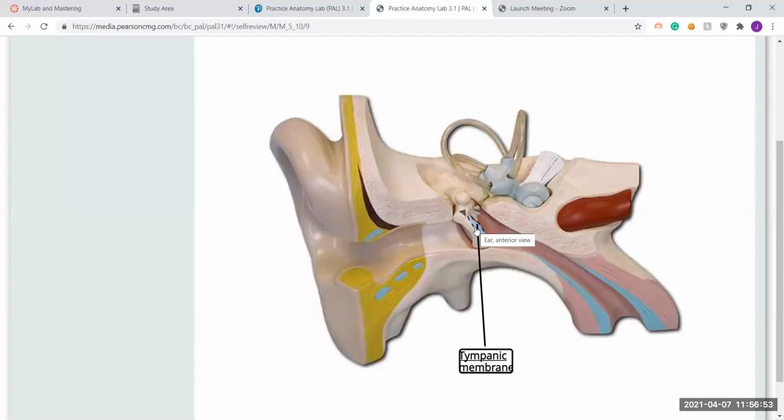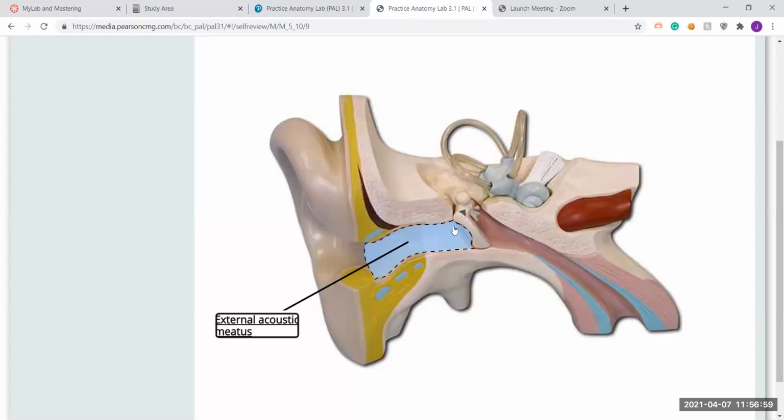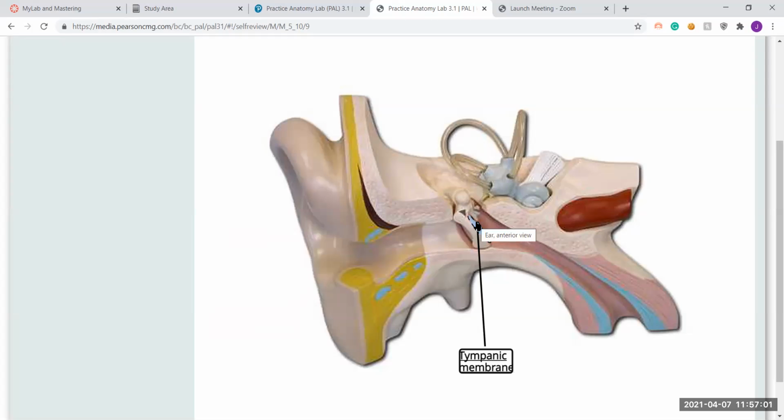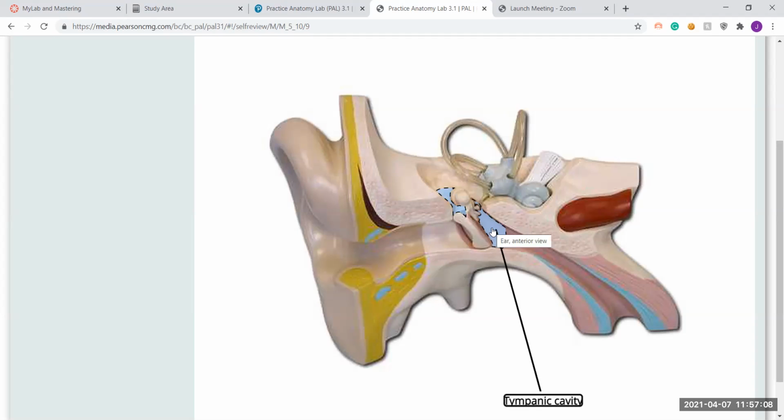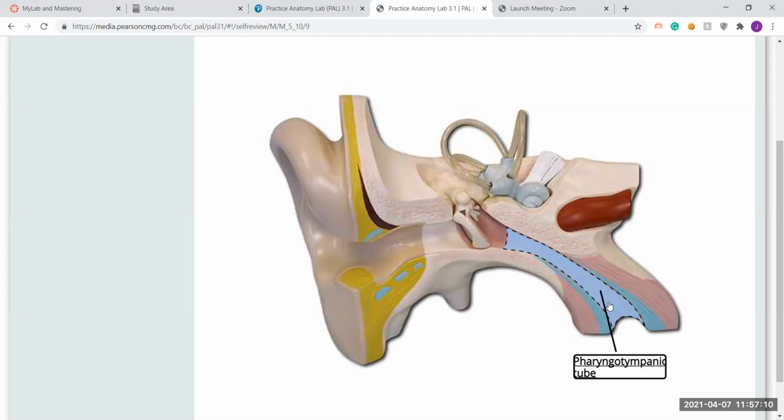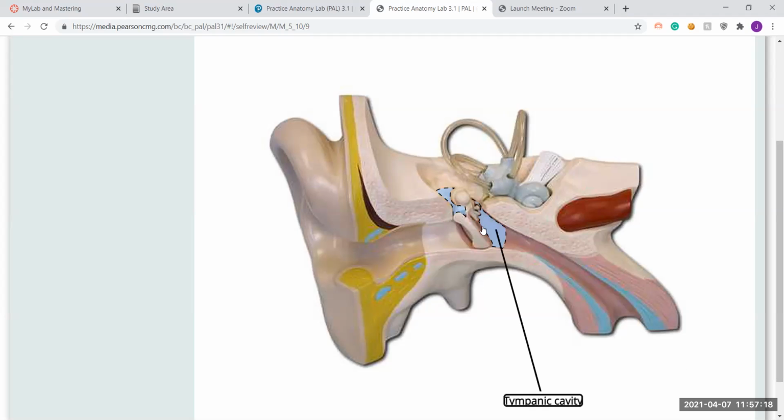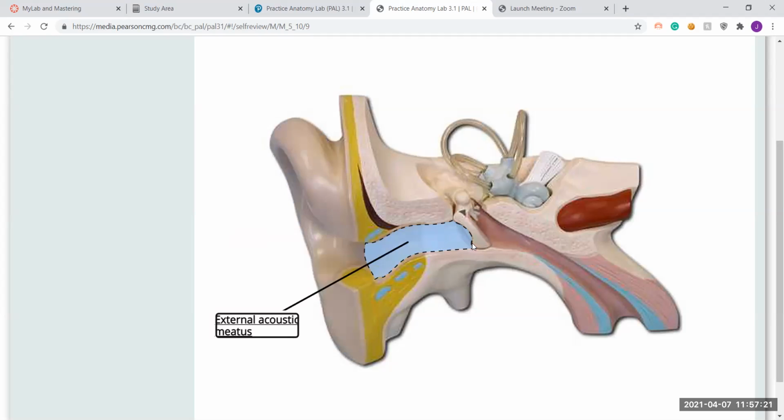This tympanic membrane is the boundary for the external and middle ear. And this middle ear cavity is called the tympanic cavity, which is continuous with your pharynx through the pharyngotympanic tube. So it opens into your throat to balance the pressure inside and outside this tympanic membrane.